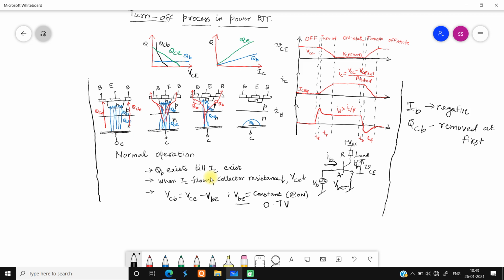So the removal of the QCB will be much faster in the turn off process. This is going to be the first step.